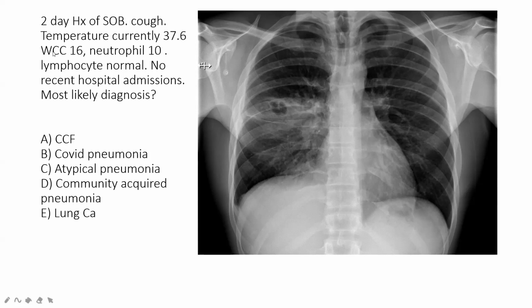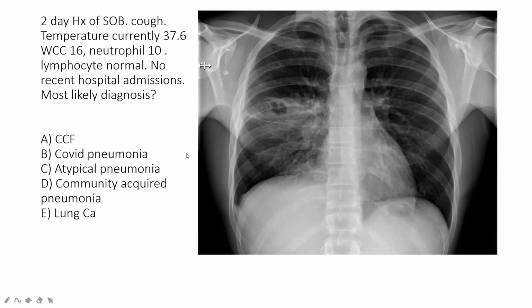As you can tell from the blood results, we've got increased white cell count and neutrophils. So this looks to be more like a bacterial infection because of the leukocytosis, and the lymphocyte is normal. Usually in the case of COVID, you see a reduction in lymphocytes, but we don't see it here, and you don't see bilateral changes here.